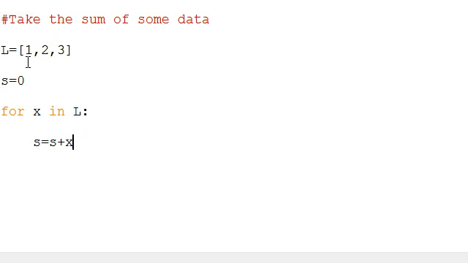For example, we'll be starting at 0. Now remember, these index positions are 0, 1, and 2, and so x will be starting at this position here, and so x will be assigned 1. And 1 plus, and of course s starts out as 0, and 1 plus 0 is 1. So then we get a new s.